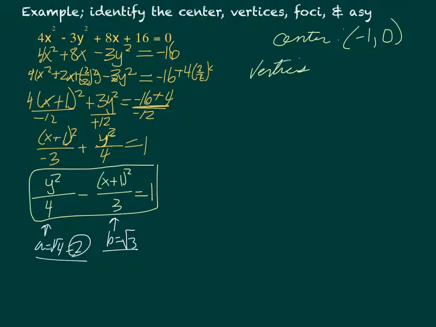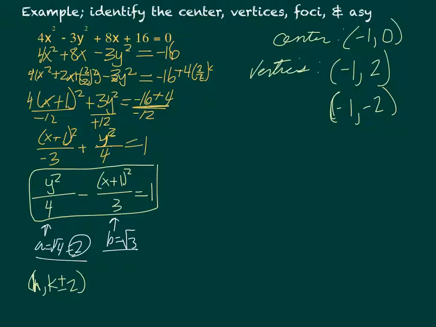My vertices are matched up with the A. So my vertices go with the Y, which means my H is going to stay the same, and I'm going to take K plus and minus 2. So that's going to give me my H, which is negative 1, K, which is 0. 0 plus 2 is 2. And my other vertex is going to be negative 1, 0 minus 2 is negative 2. So those are my vertices.